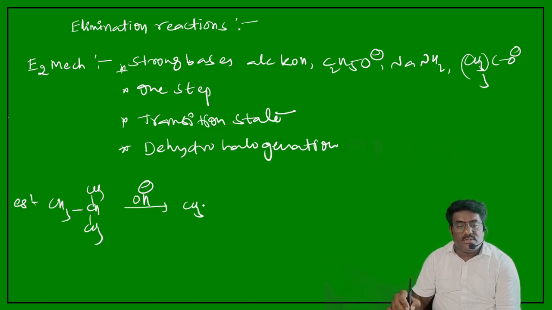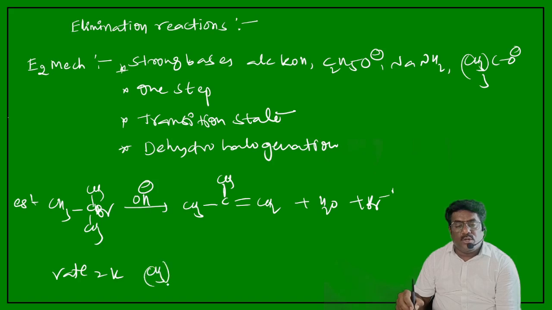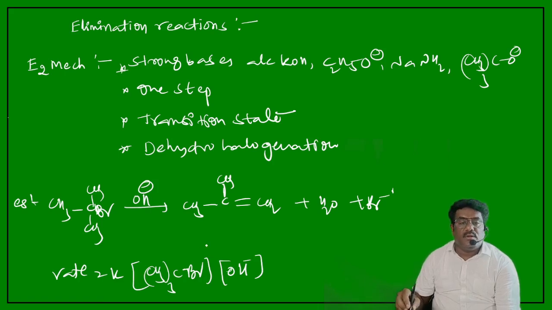It gives CH3C(CH3)=CH2 plus H2O plus Br minus. It gives an alkene. Rate equals k times tertiary butyl bromide and OH minus.